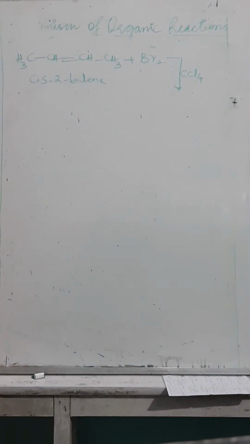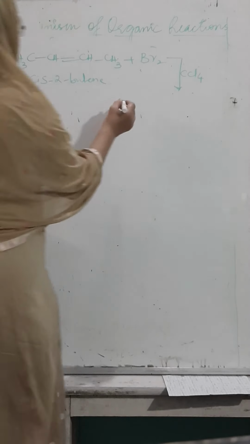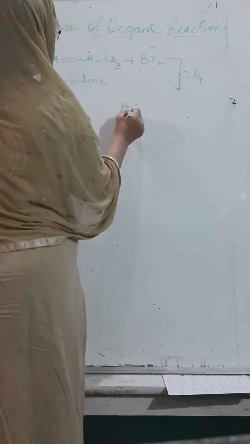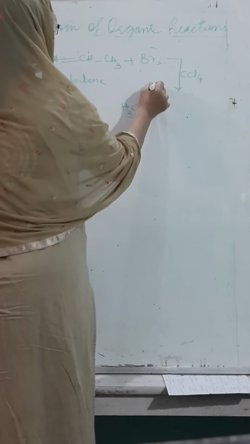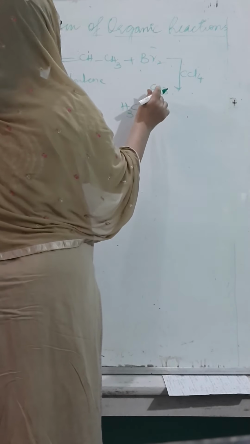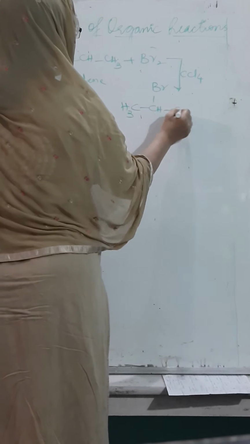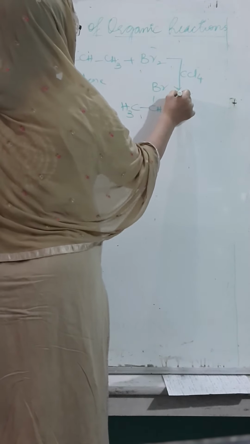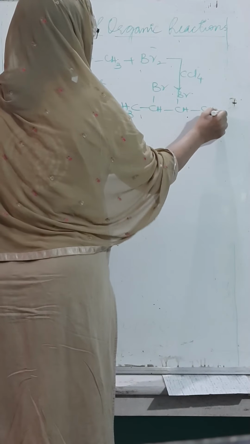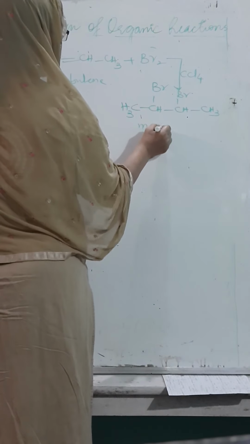In geometrical isomerism, where groups lie on the same side, they are called cis. We will get a meso compound. In optical isomerism, as I said, even though they contain chiral carbon atoms, due to a plane of symmetry they form a meso molecule.